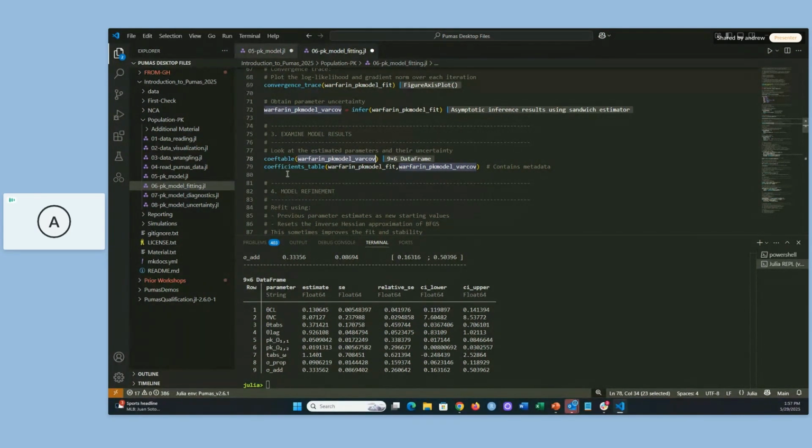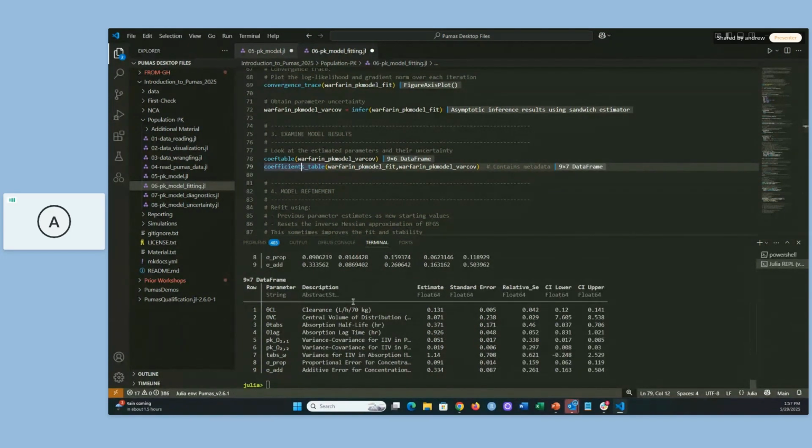What I want to point out is whether you use or don't use the metadata: coef table versus coefficients table. Coefficients table pulls in that metadata. So when we look at it, it gives you that description, which makes it a little bit nicer.